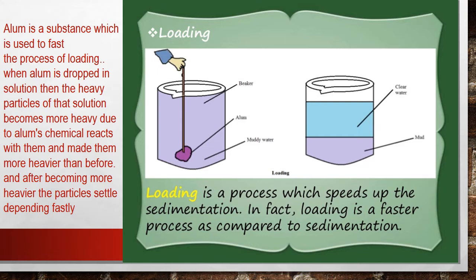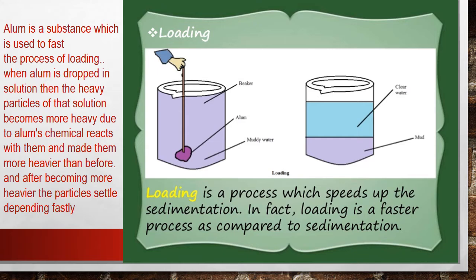When alum is added, which is soluble in water, the alum can suspend the heavy particles in the water, and this alum makes the fine particles heavy. This is the important sentence here. This alum makes the fine particles heavy, which then settle down quickly.